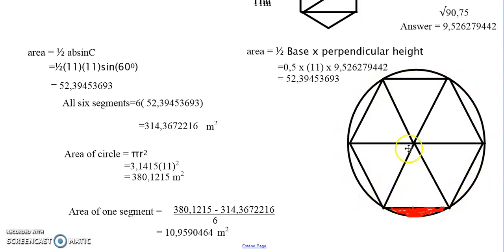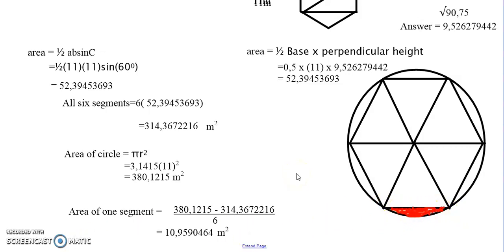Everything above the chord is called the major segment, and at the bottom, the smaller part is called the minor segment. So when it referred to a sector, I would have assumed that that whole section is a sector. But the part that was highlighted was just the one circular part there.